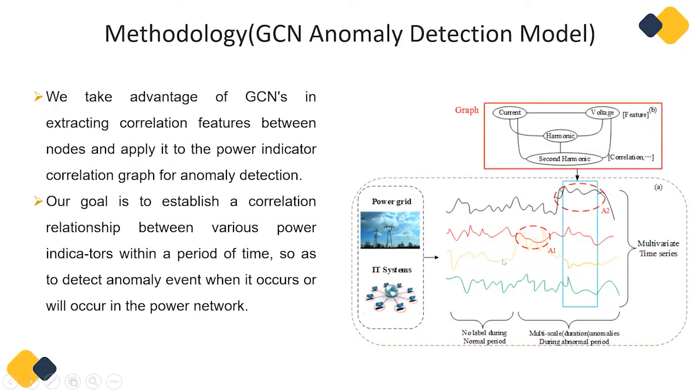Then is the third step of the methodology, the GCN anomaly detection model. We take advantage of GCN in extracting correlation features between nodes and apply it to the power indicator correlation graph for anomaly detection.